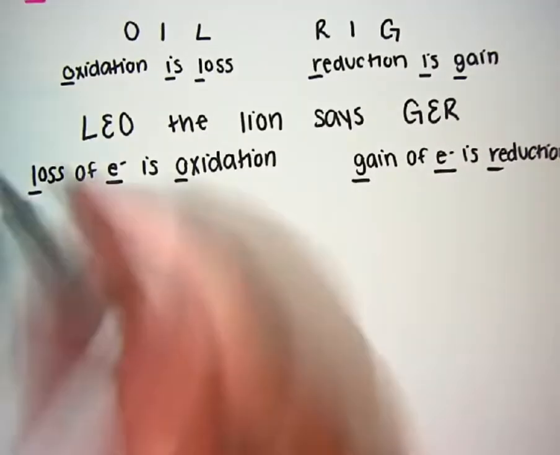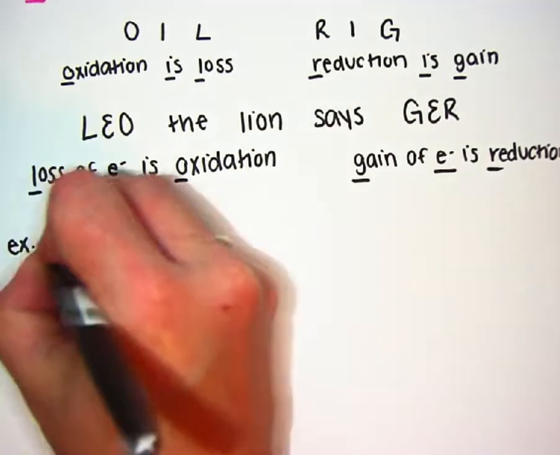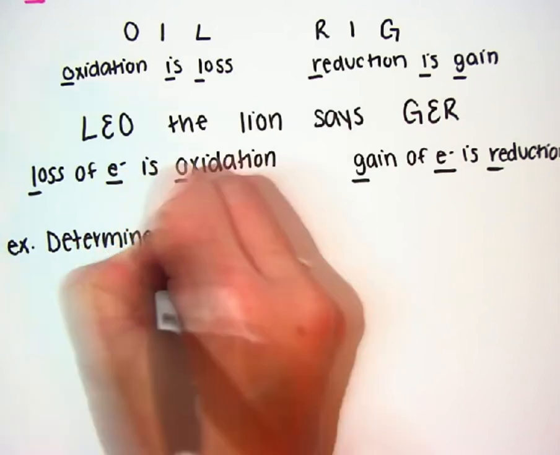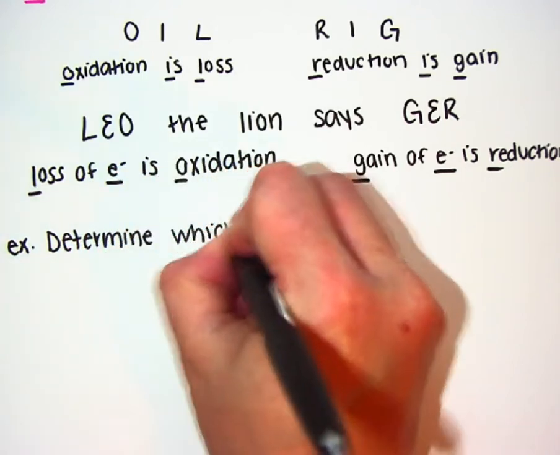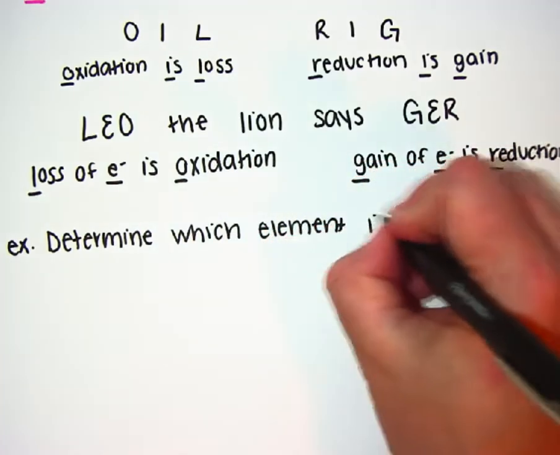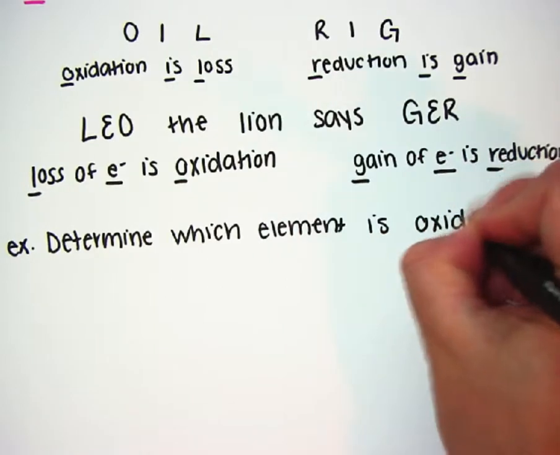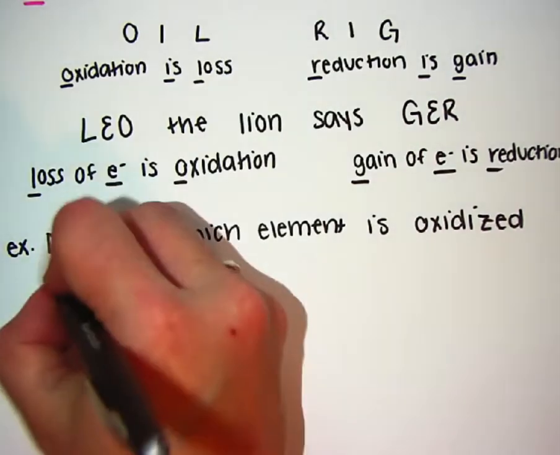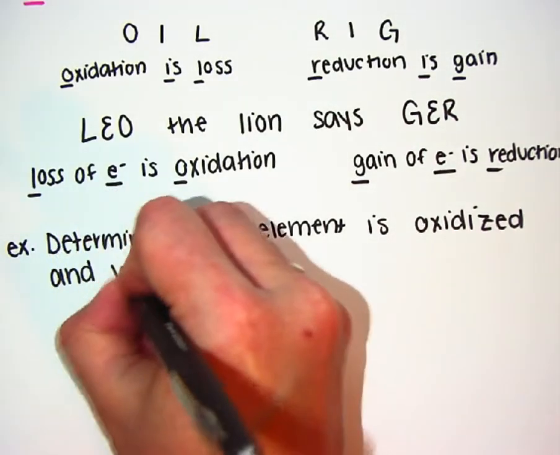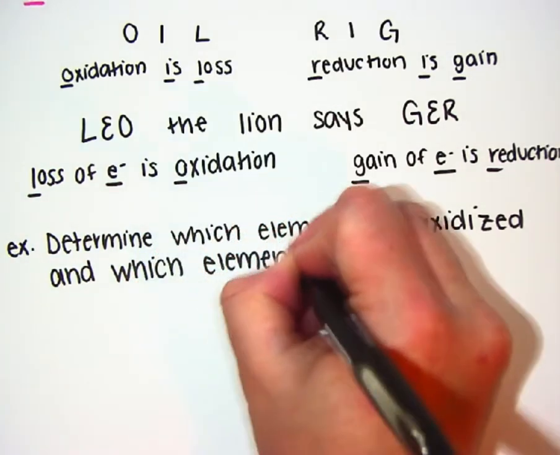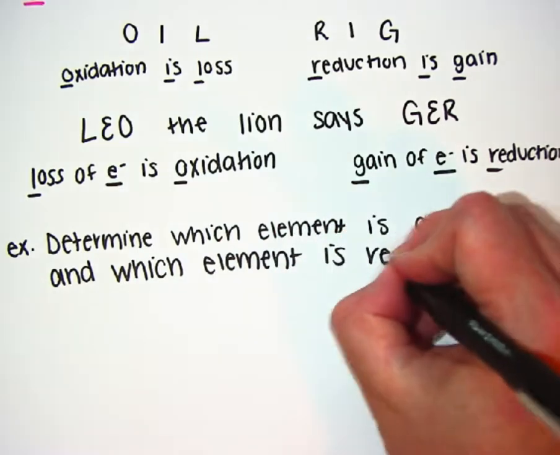All right, first example. Determine which element is oxidized and which element is reduced.